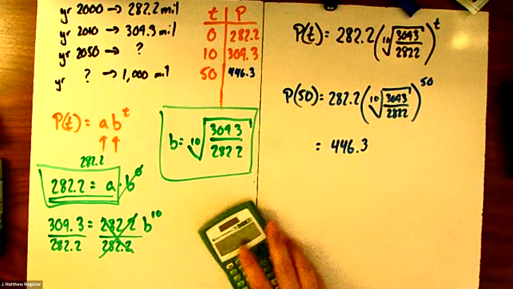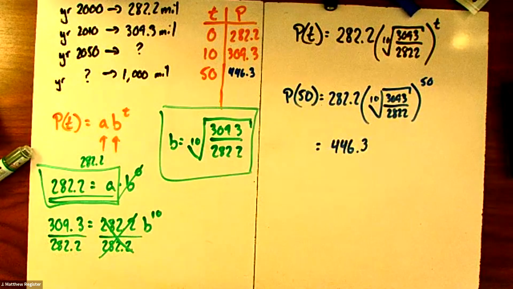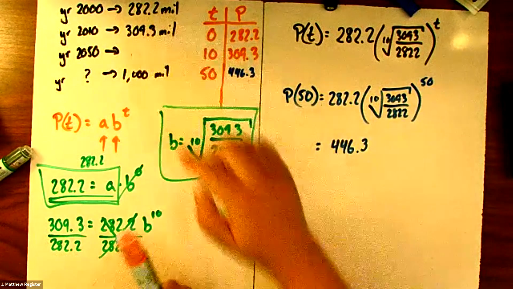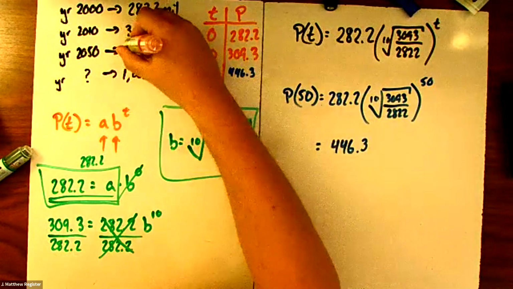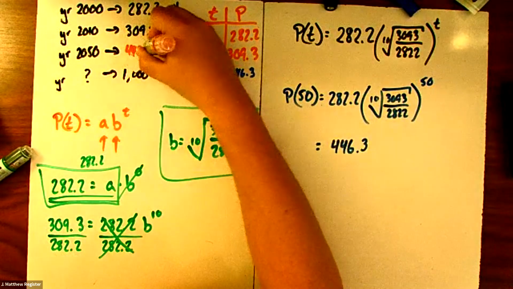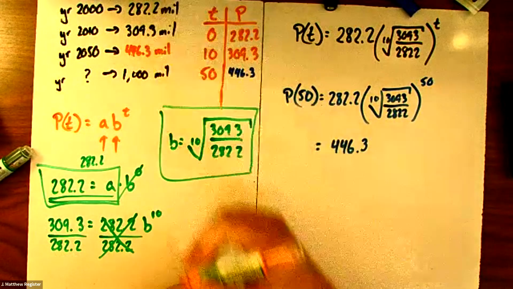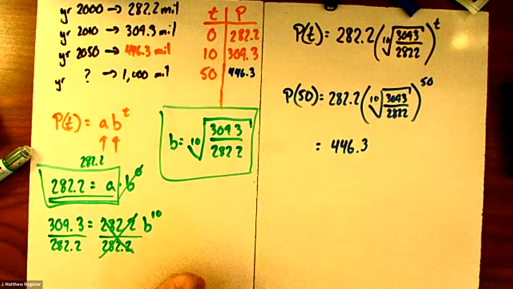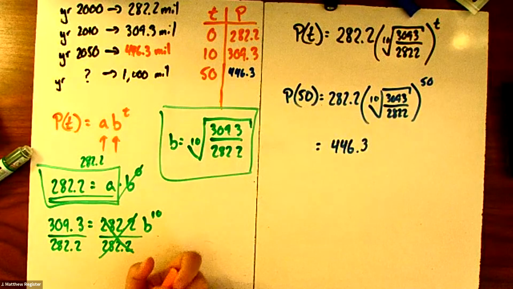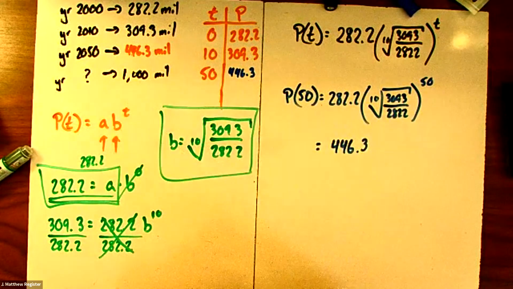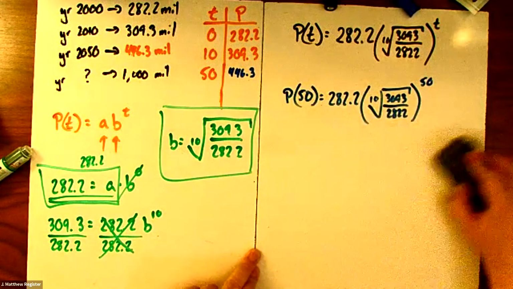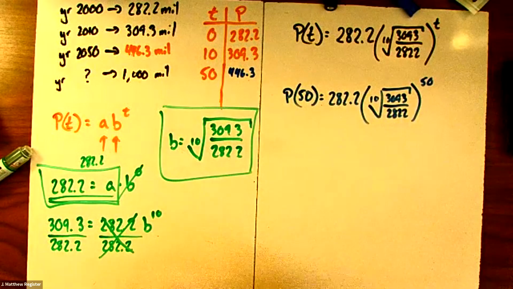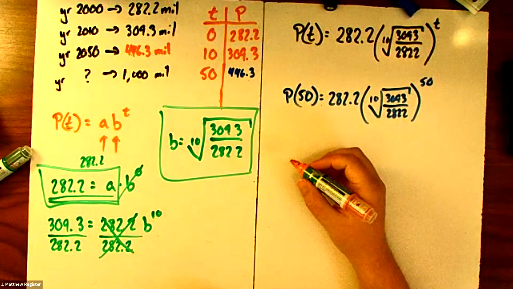Now we've got one more. And so we just figured out that the population in 2050, we would expect to be 446.3 million. And so the other one is to calculate when it's going to be equal to 1,000 million, which is a billion. So to figure out when it's going to be at a billion, really it's going to be the same process, a little bit grosser.